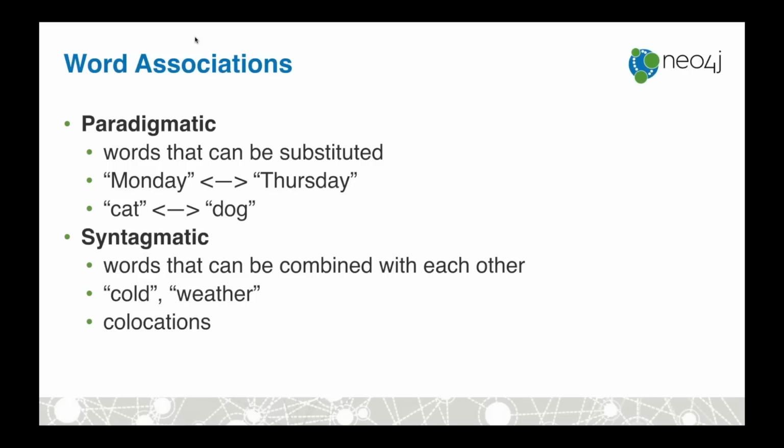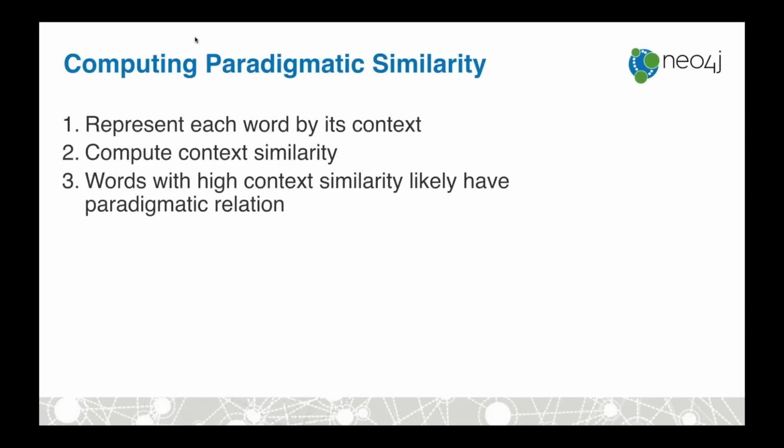This is a useful first step for things like part of speech tagging. The other type of word association is syntagmatic. These are words that can be combined with each other, words that we often see together: cold weather, basically co-locations, things like that. We're just going to be talking about paradigmatic similarity.